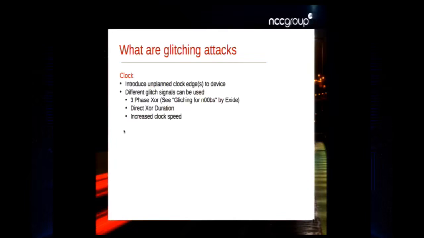Another would be to simply directly flip the clock signal for a set duration, and this actually worked for me in the Arduino example that is going to be covered up ahead. Another thing that was suggested to me was to use an increased clock speed to simply double the clock rate supplied to the device, and I didn't really have much success with that, unfortunately.